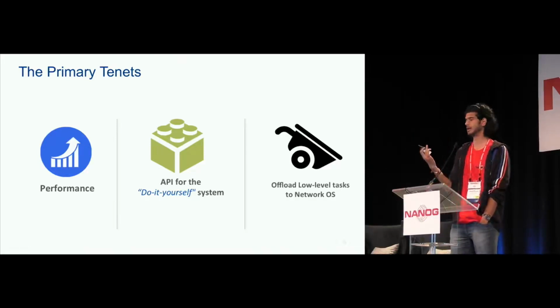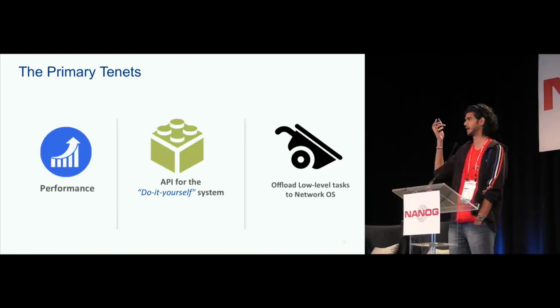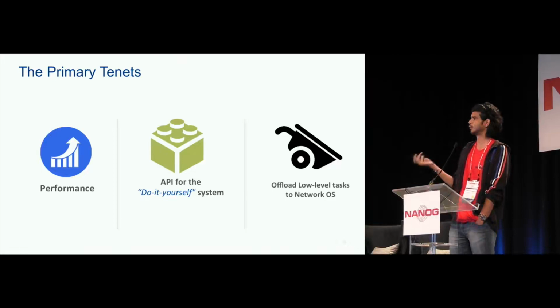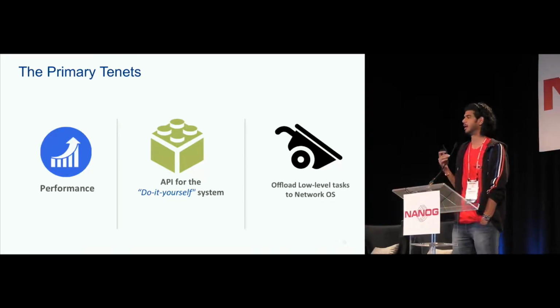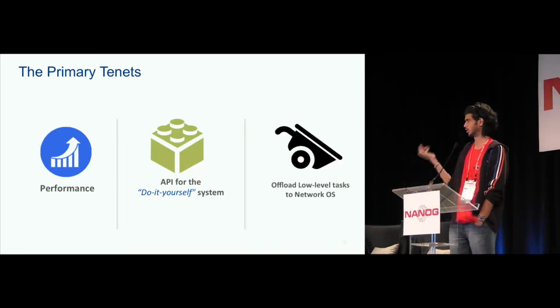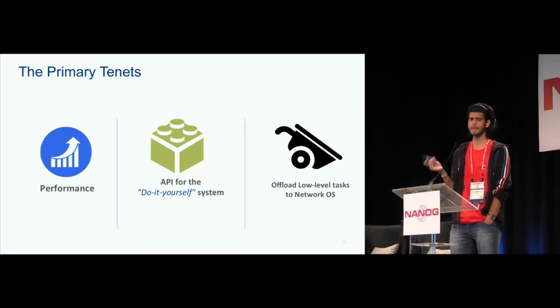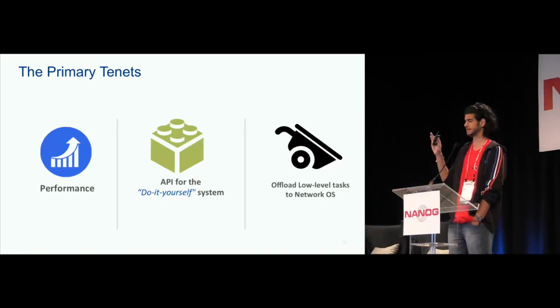So internally, the BGP, ISIS, OSPF stacks in a typical network OS implemented in C would have C APIs to talk to the RIB and the LSD and so on. You may or may not have access to that based on the devices you're working with. So performance is definitely a key here.